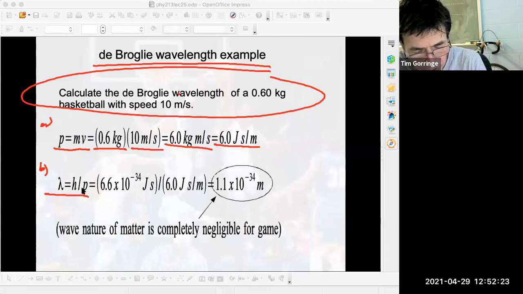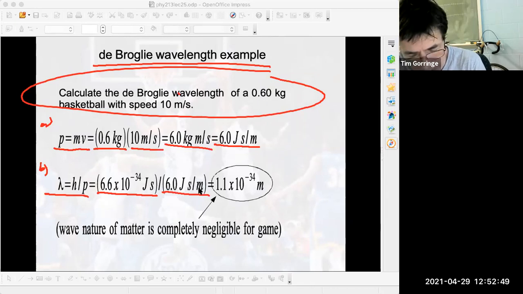For de Broglie waves, the wavelength for a particle of momentum p is Planck's constant h divided by the particle's momentum p. So all we've got to do now is take Planck's constant, 6.6 times 10 to the minus 34 joule seconds, and divide it by the momentum, that's 6 joule seconds over meters.